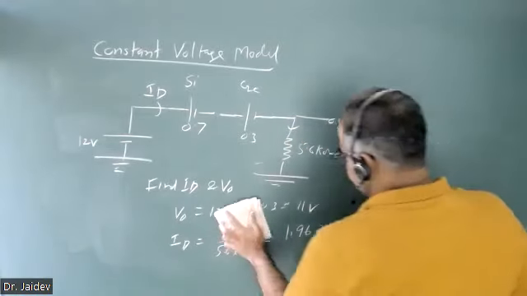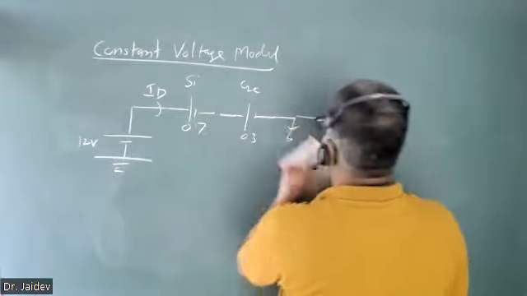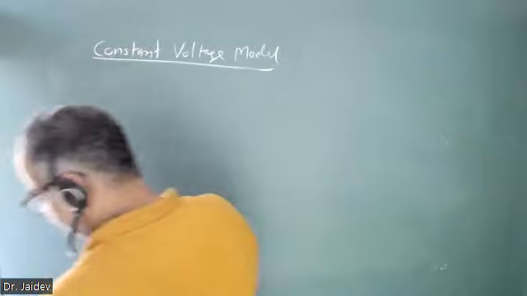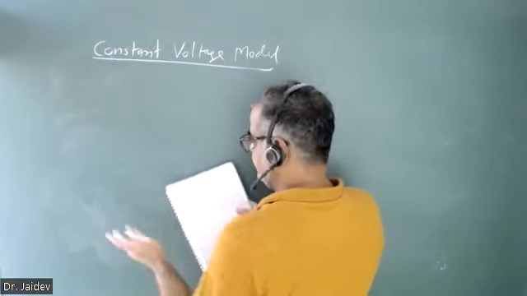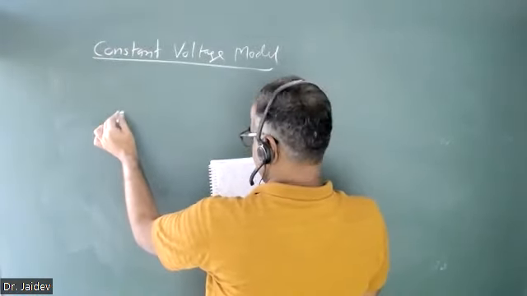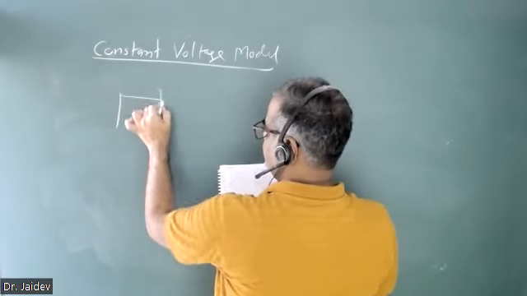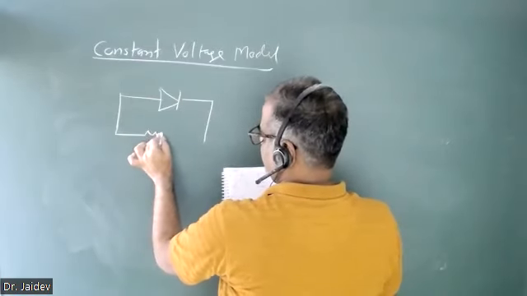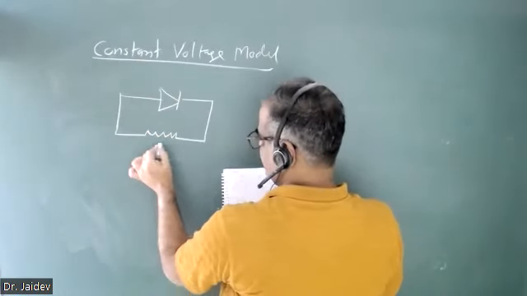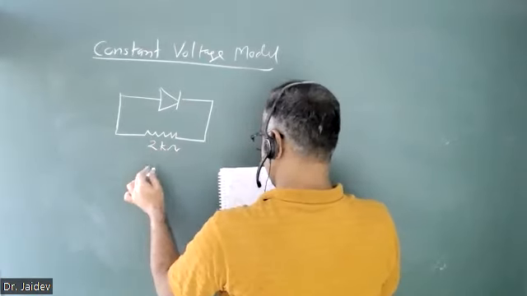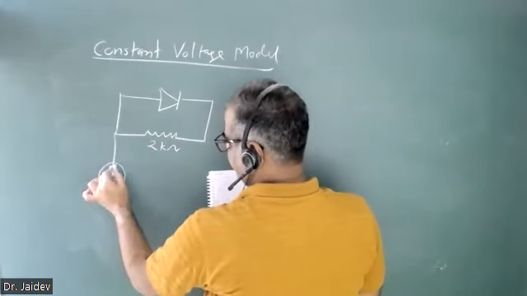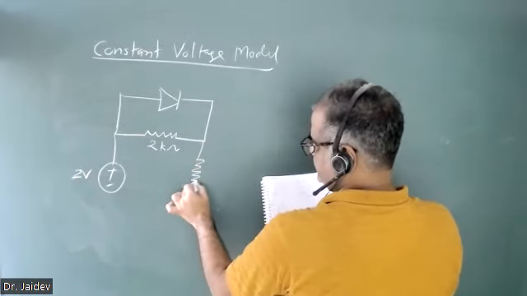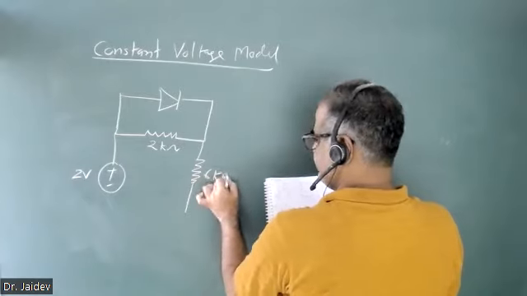Okay. Let us do some more problems. Now you people will do this question. I am giving you a diode, and parallel to it a 2 kilo ohm resistance. Here I am applying a battery of 2 volt, and there is a resistance of 6 kilo ohm.